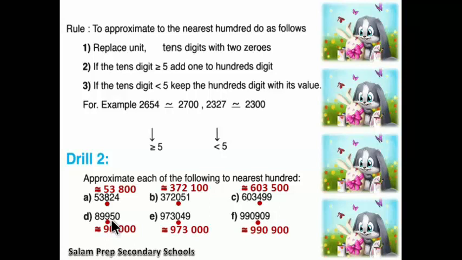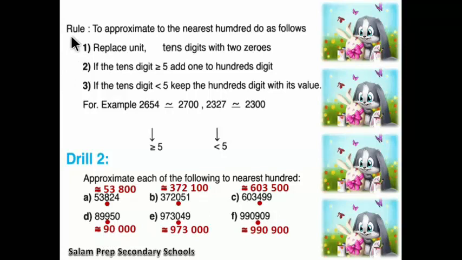Digit 5 will add 1 to 9. 9 plus 1 equal 10. Write 0, carry up 1. 1 plus 9 equal 10. Write 0, carry up 1. 1 plus 8 equal 9. So 89,950 is approximated to 90,000.